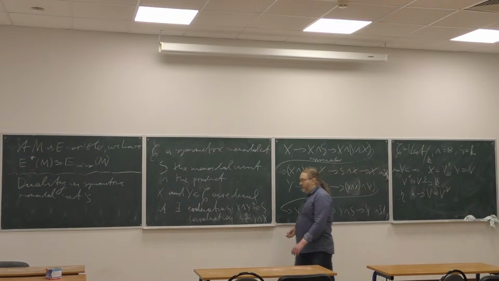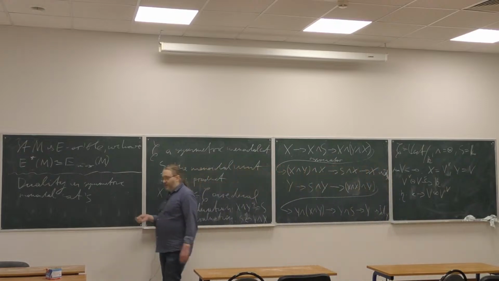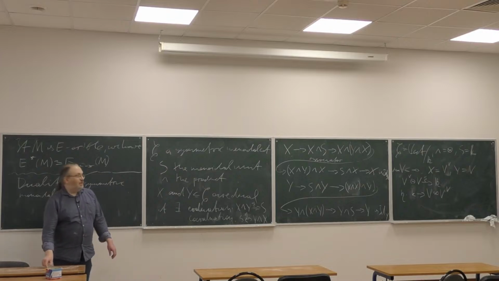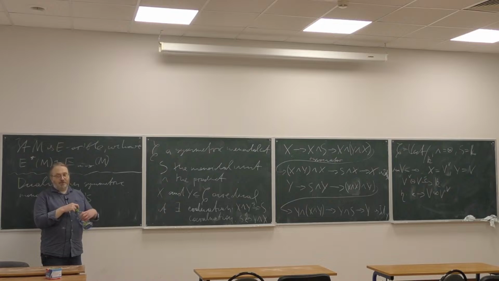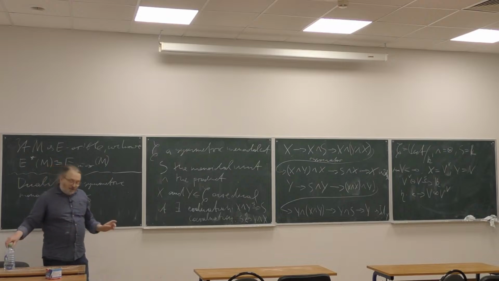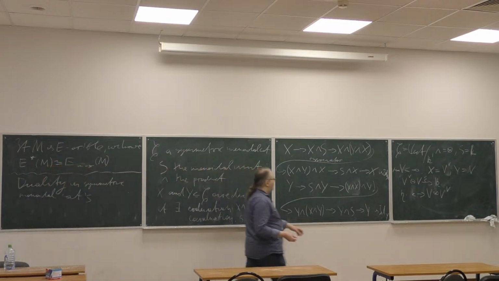Now we need a map from K to V tensor V dual. Is there a preferred map from K to V tensor V dual? Well, let's see.